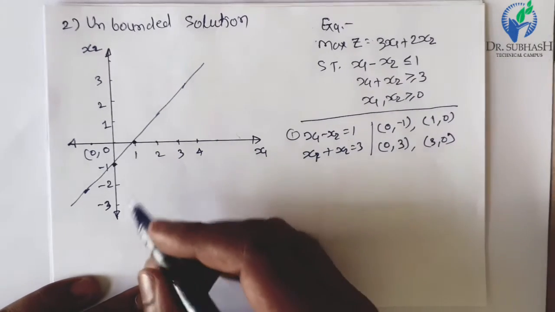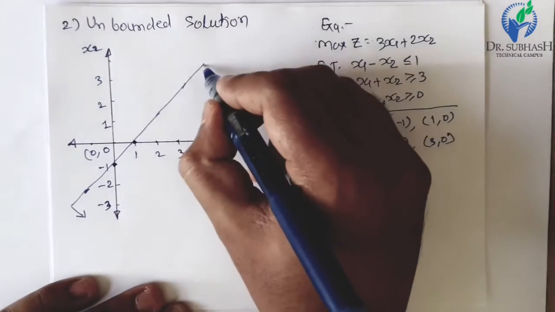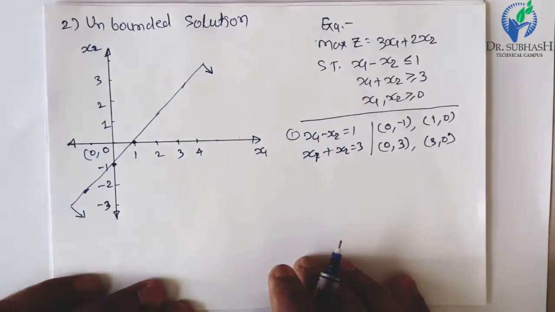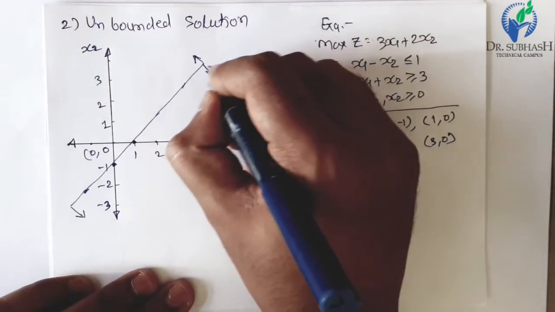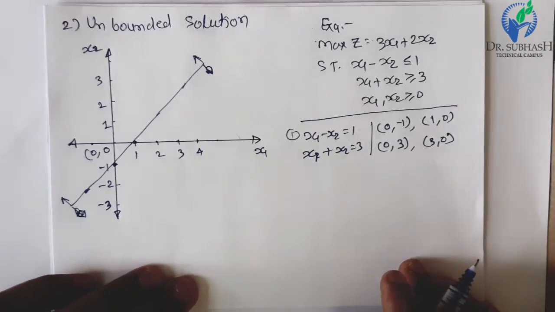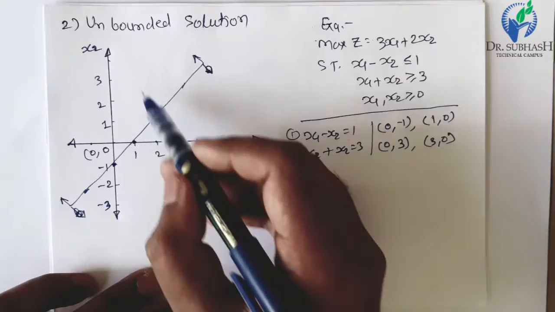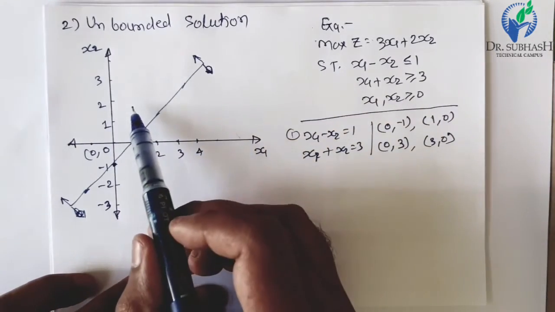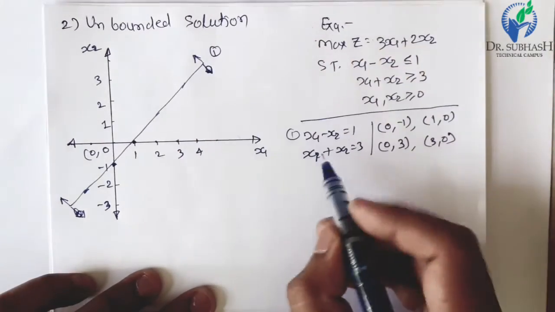For the less than or equal to sign, we will select the area towards the origin, not away from the origin. Away from the origin lies for the greater than or equal to sign. So these all are the areas on which our optimal solution may lie at this moment. So this is constraint number 1.